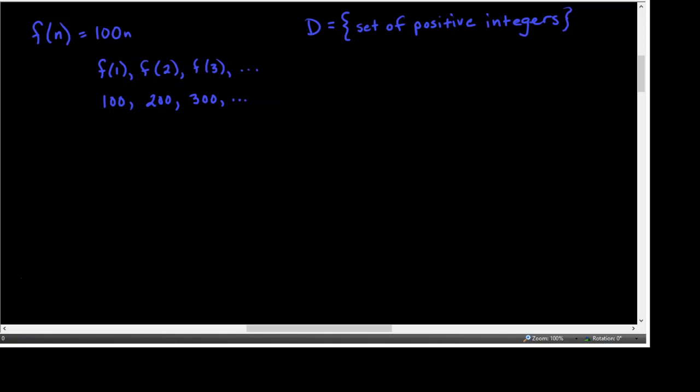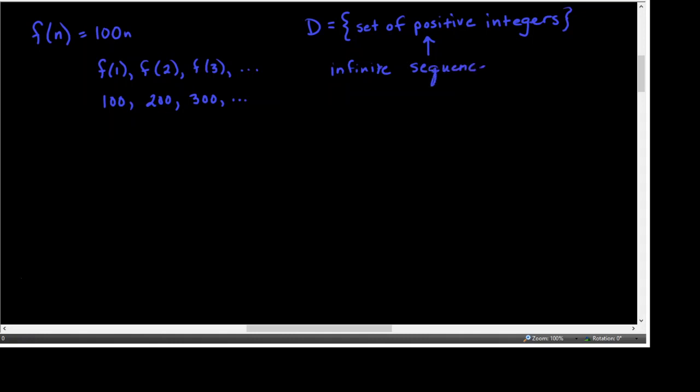Okay? So a finite sequence is a function that has a set of natural numbers of the form 1, 2, 3, etc. up to n as its domain. So what I've set up here is an infinite sequence, where we're going to use all of the positive integers, giving us an infinite sequence.